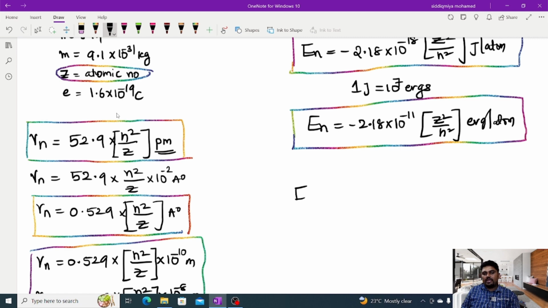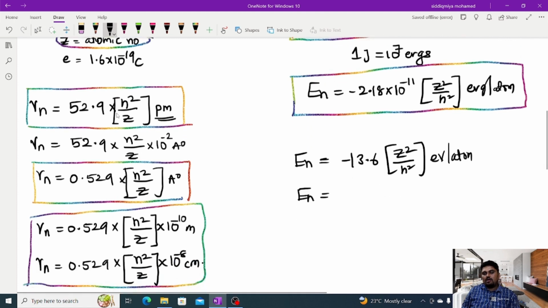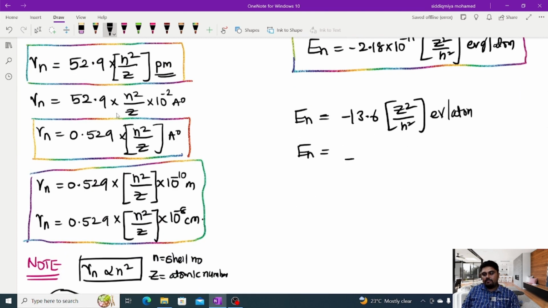Energy of an orbit, I am writing in electron volts, is minus 13.6 into Z square by n square electron volt per atom. Similarly, energy of an orbit is equal to minus 1312 Z square by n square kilojoule per mole.